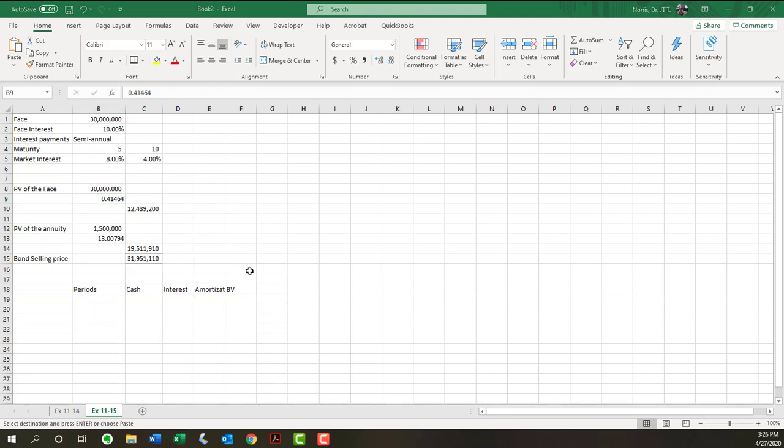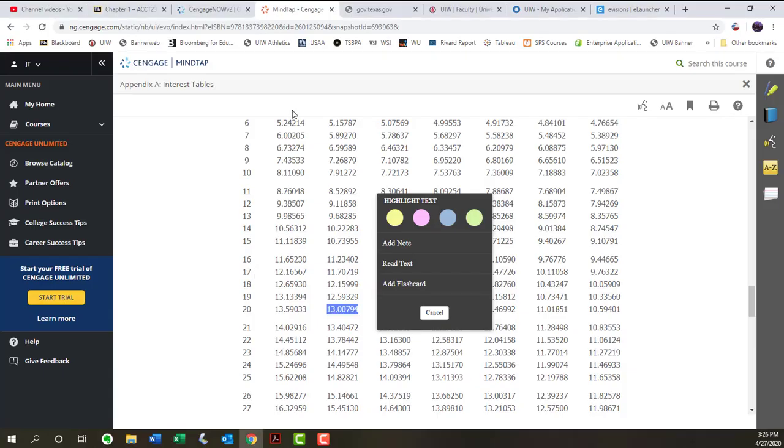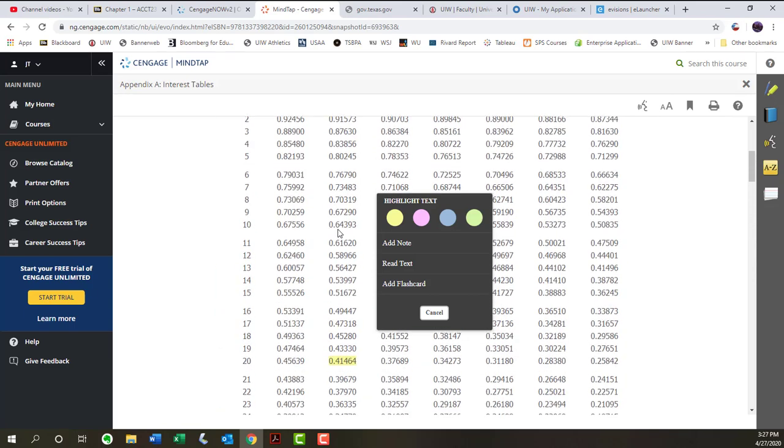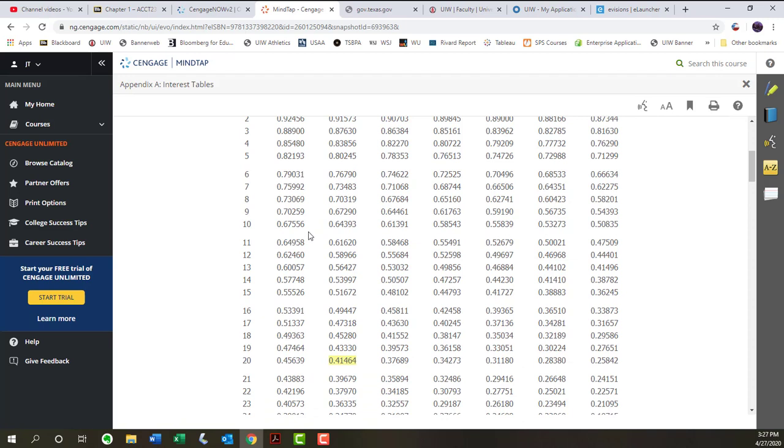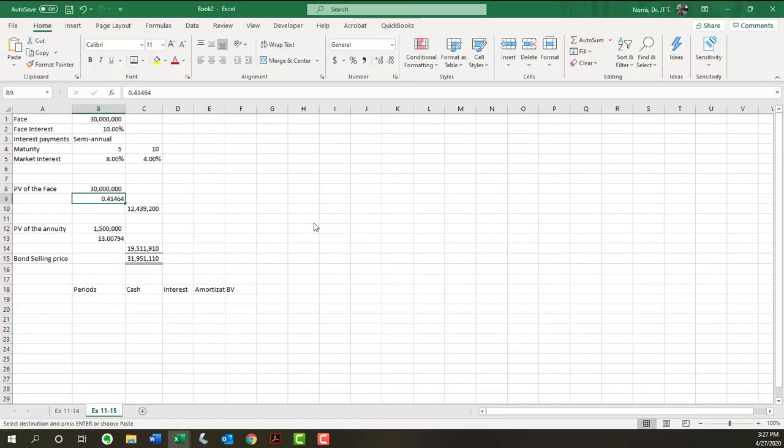All right, so now we're going to look for the period in the first table, 4% at 10 periods, where we're going to get a factor of 0.67556.